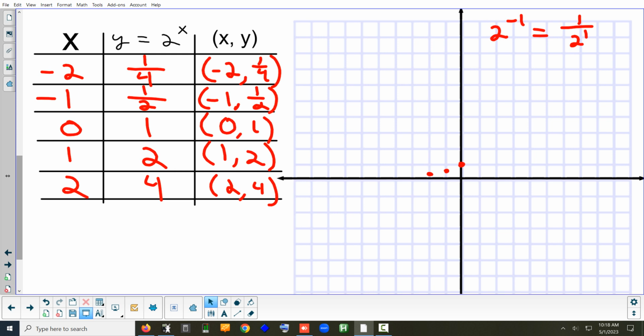Right. Yep, right 1, and then up 2. Perfect. All right, and here's my last point. Right 2, up 4. And now we can really start to see it curving. So now from there, draw your curve and just draw it the best you can.